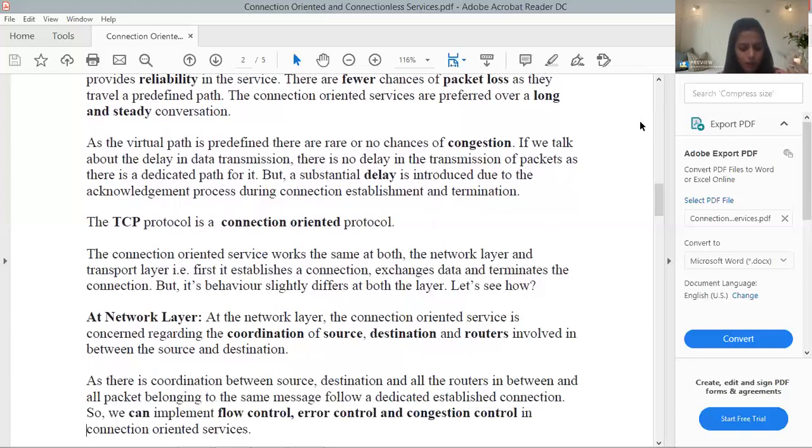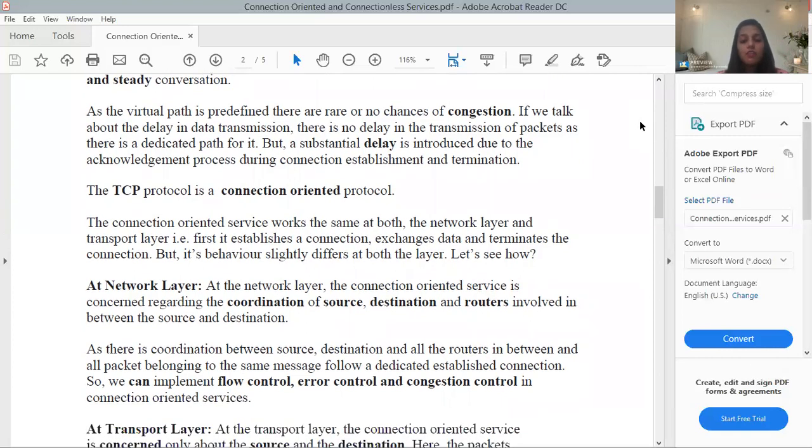So we can implement flow control, error control, and congestion control in connection-oriented services. For flow control, there are many different kinds of protocols, right? For error control, checksum, parity. For congestion control, there are also different protocols working. So piggybacking or sliding window protocols, go back N, selective repeat, and many other algorithms or mechanisms are used to implement flow control, error control, and congestion control in connection-oriented services at the network layer.